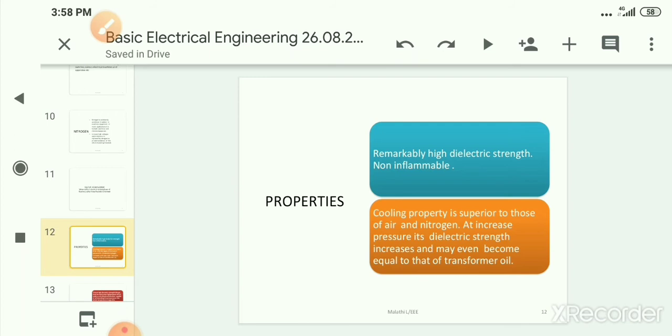The following are the properties of sulfur hexafluoride. It has high dielectric strength, about 2 to 3 times that of air.